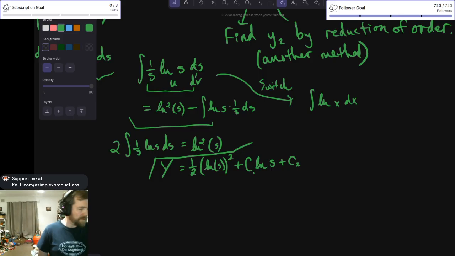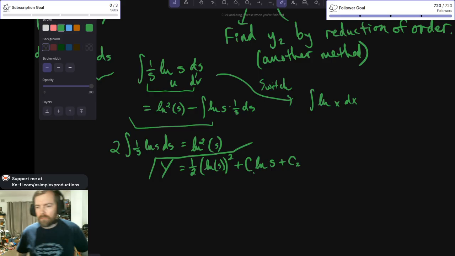Like, how dare? Right? Yeah, I don't think so, because natural log is not simplifiable into something that is e to a power.